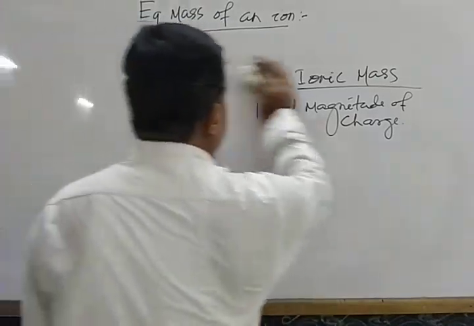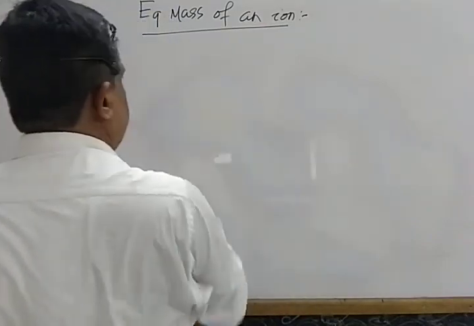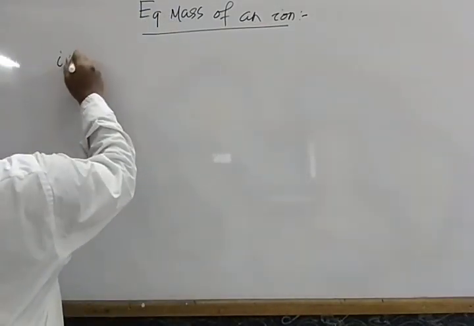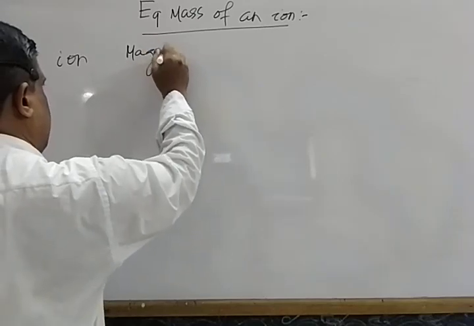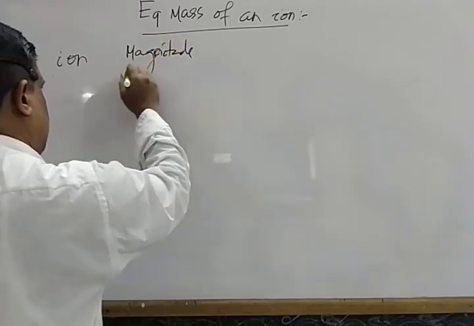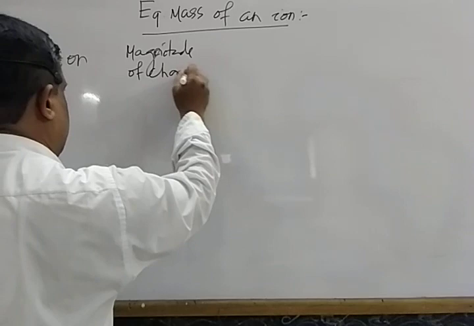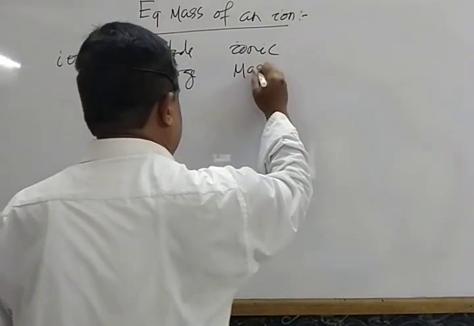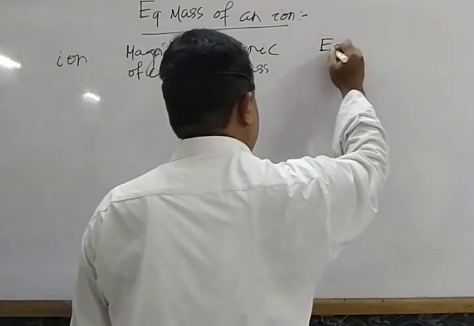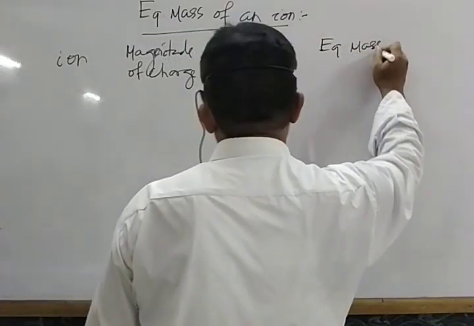That means for each ion, we need the magnitude of charge, the ionic mass, and the equivalent mass.